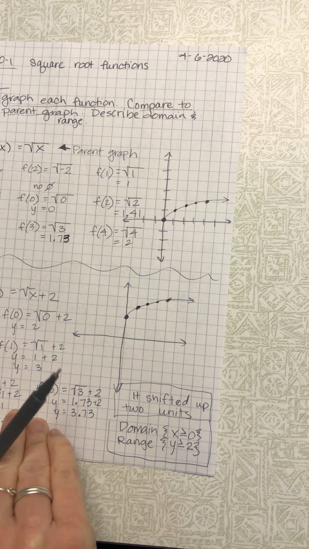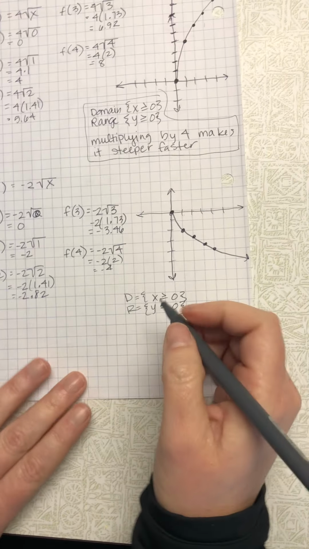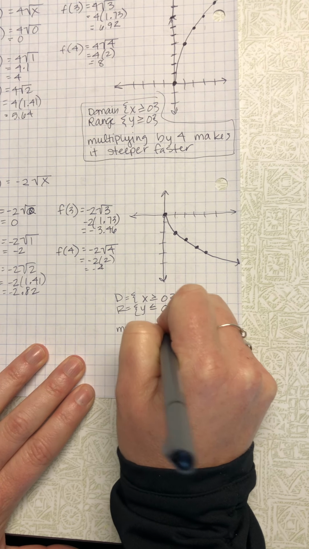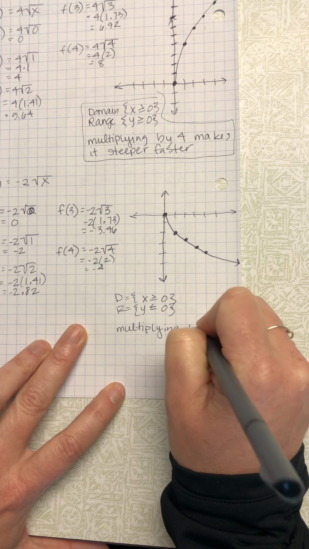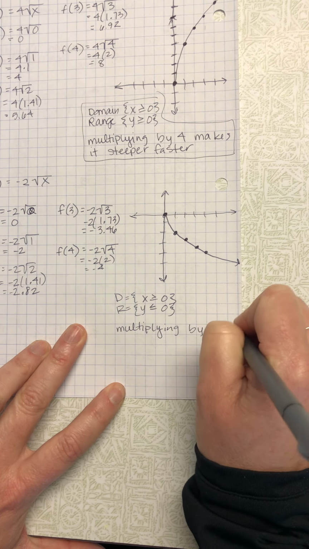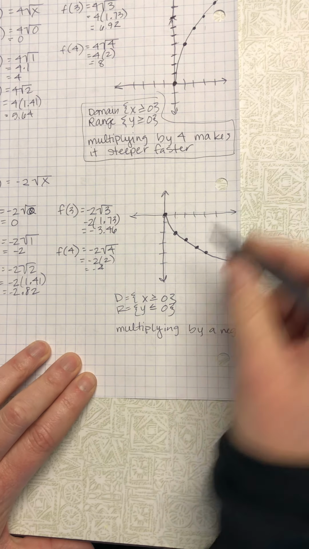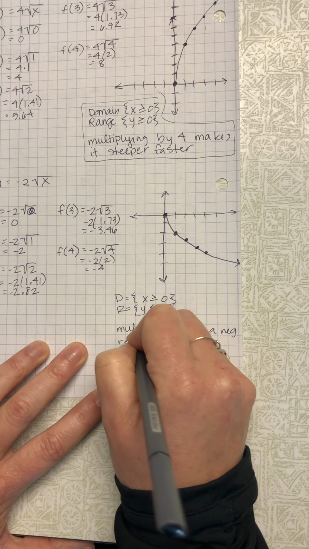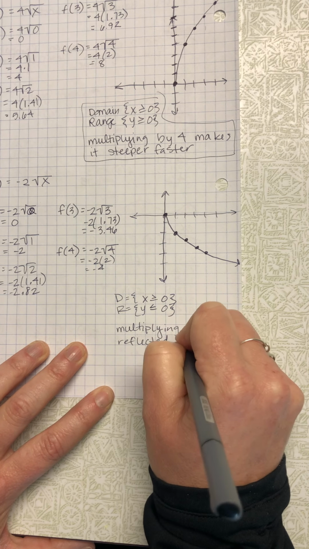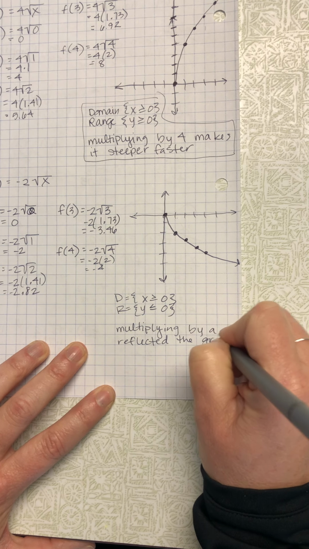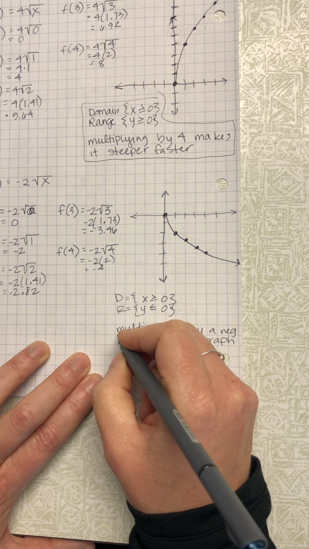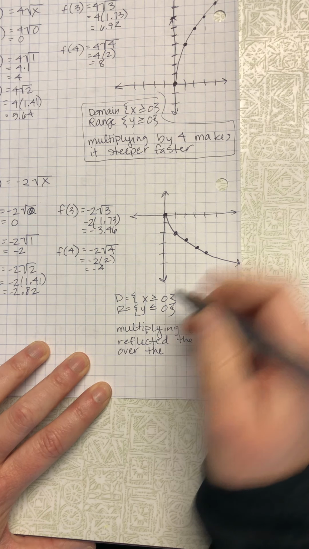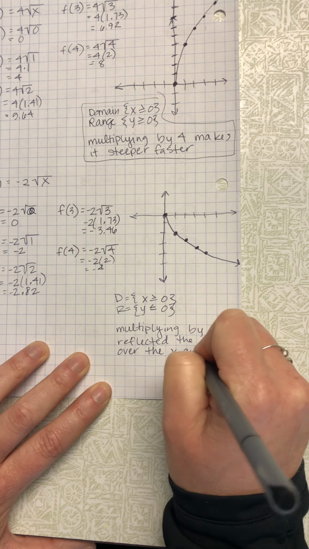And then if we compare this to our original parent graph, there's a few things. I would say multiplying by a negative reflected the graph over the x-axis.